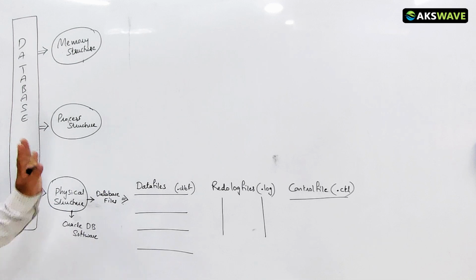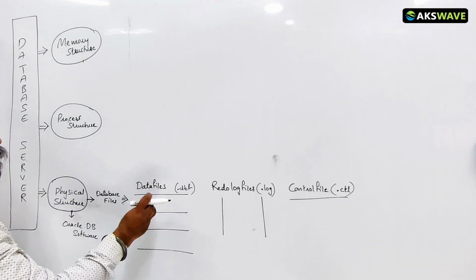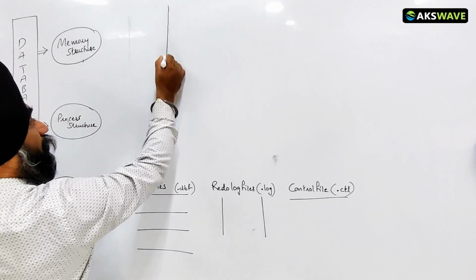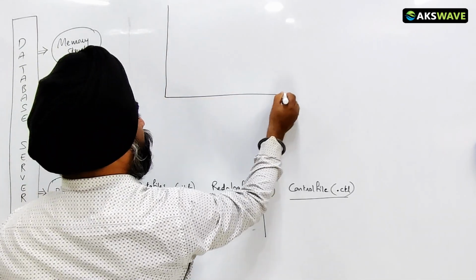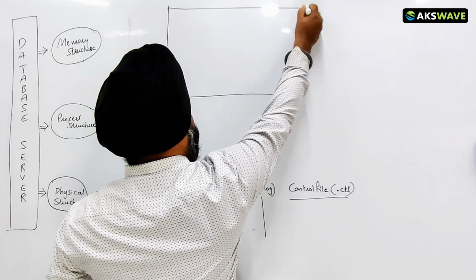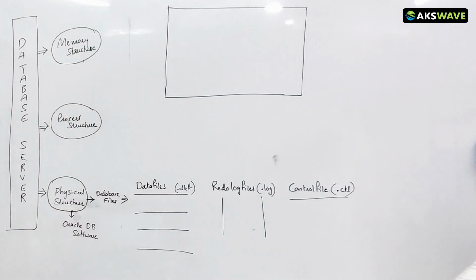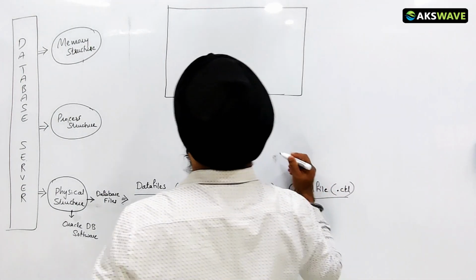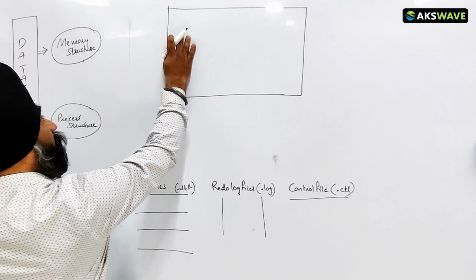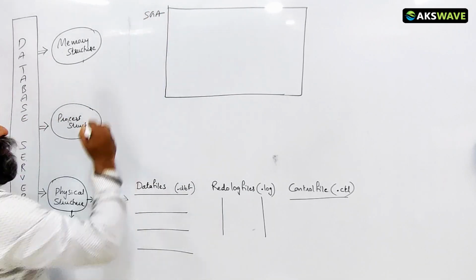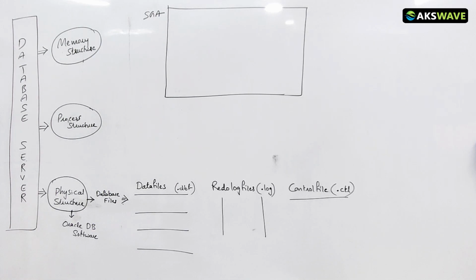Two more components. When you are working with your data, the files need to be opened. Some memory area is going to be created. Got it? Now this memory area is called SGA.